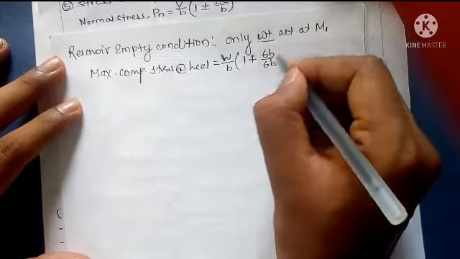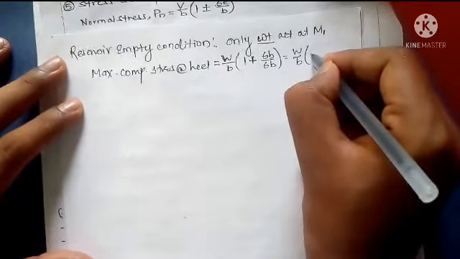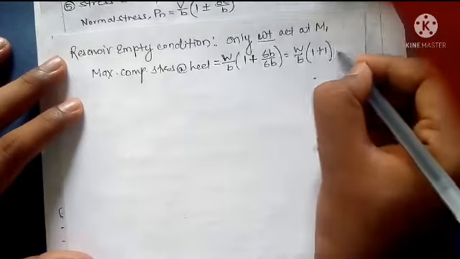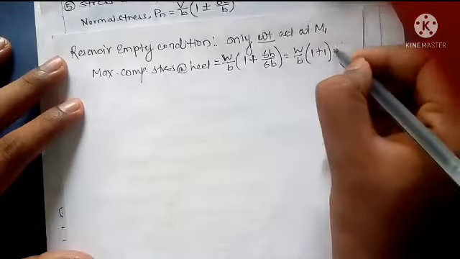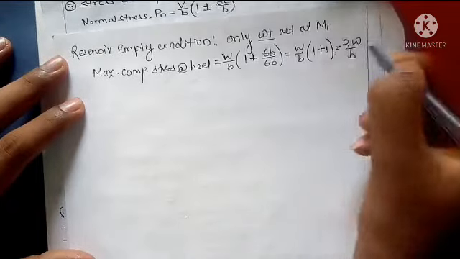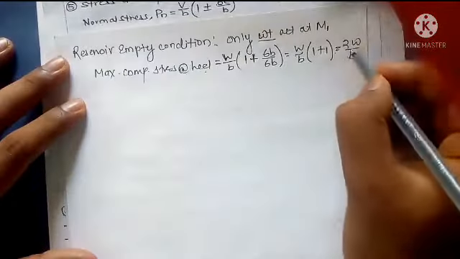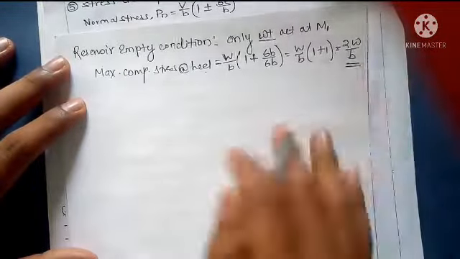So here it's W upon B into bracket 1 plus 1, which is equal to 2W upon B. So the maximum compressive stress at the heel in the empty condition is 2W upon B.